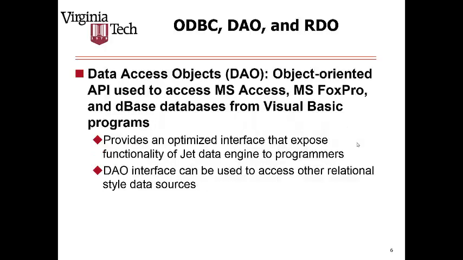Well, data access objects are an object-oriented way to try to get at this data, where you give it a table name and attributes, or an object or class attributes, and get your data from that perspective.